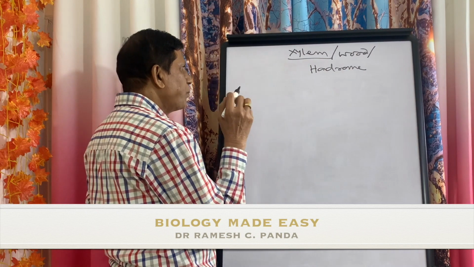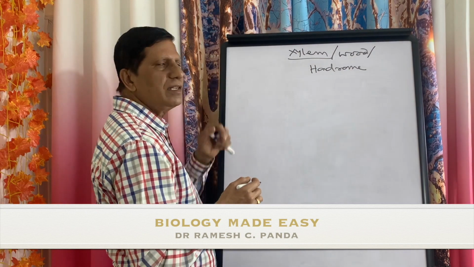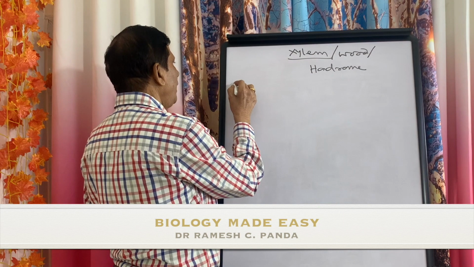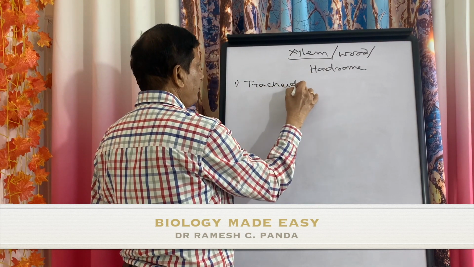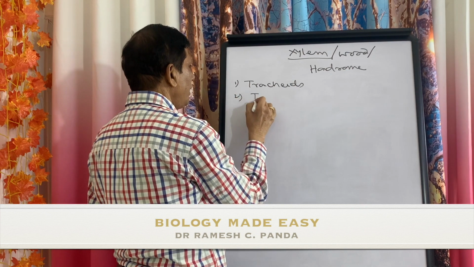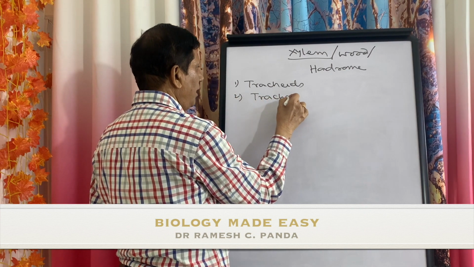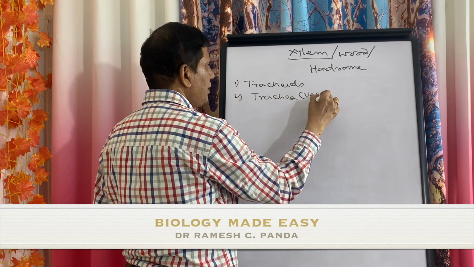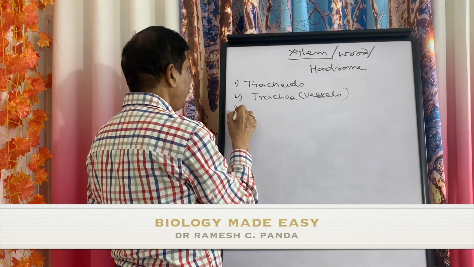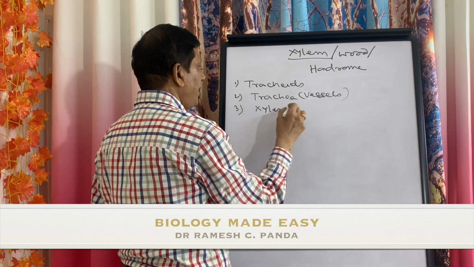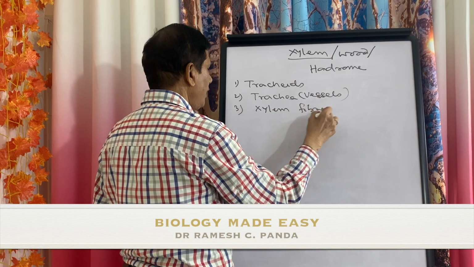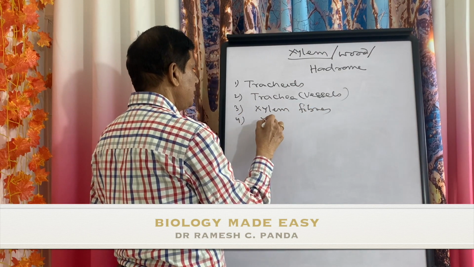And the four different types of cells that are present in the xylem are: number one, tracheids; number two, trachea, or we can call them vessels; number three, xylem fibers; and fourth, xylem parenchyma.